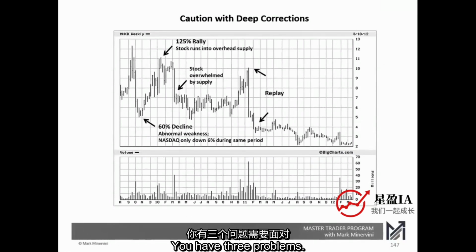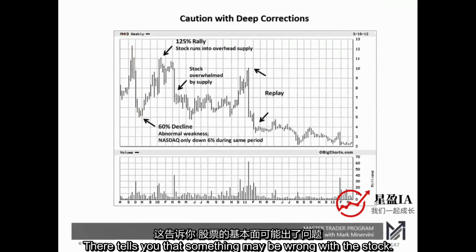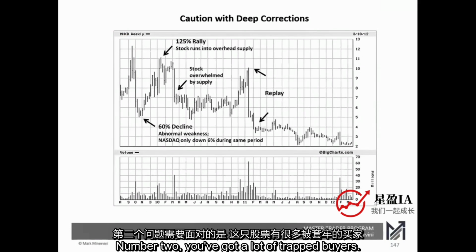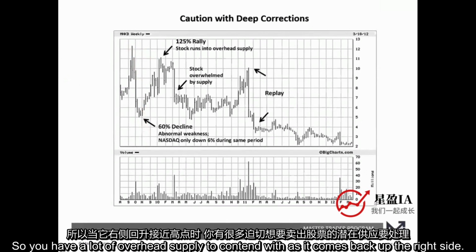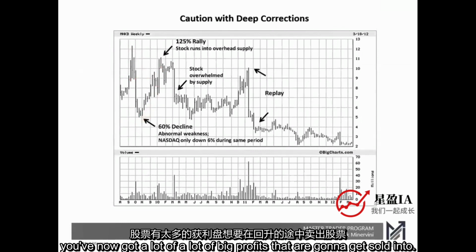You have three problems. One is that the big giant decline right there tells you that something may be wrong with the stock, because why is it falling so much? That's number one. Number two, you've got a lot of trapped buyers. So you have a lot of overhead supply to contend with as it comes back up the right side. And you also have, as you have buyers around the lows, as it makes that big move, you've now got a lot of big profits that are going to get sold into.